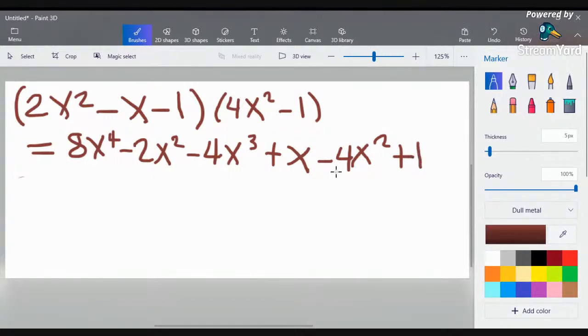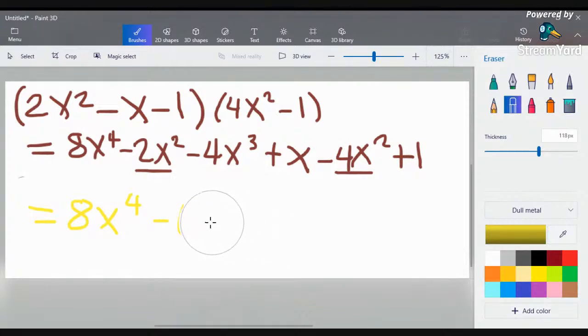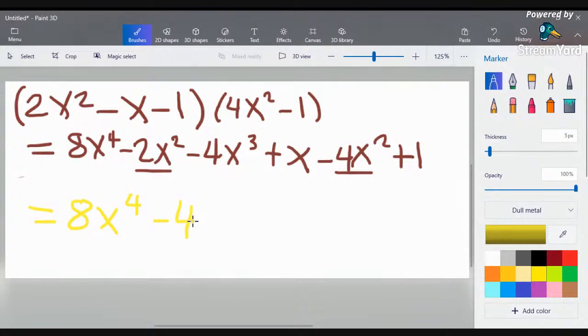So all you have to do is combine these terms. And so our final answer will be 8x to the fourth minus 4x cubed minus 6x squared, plus x plus 1.